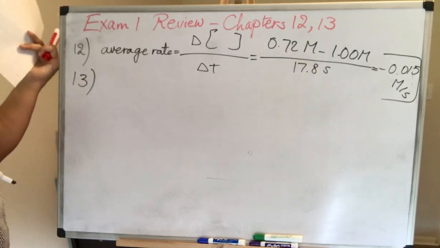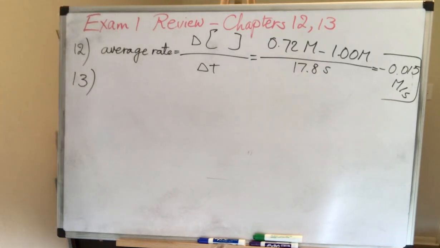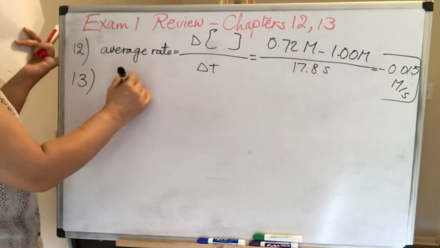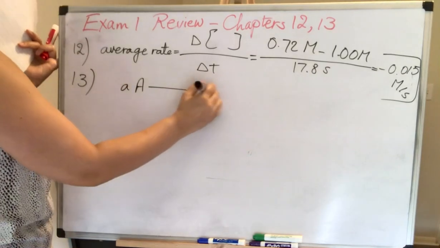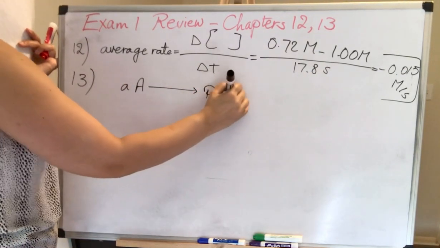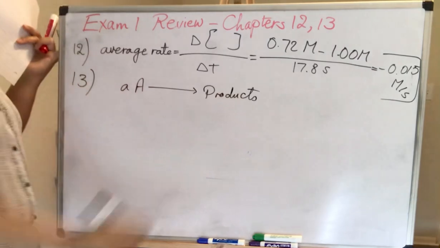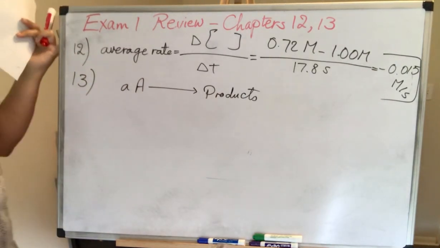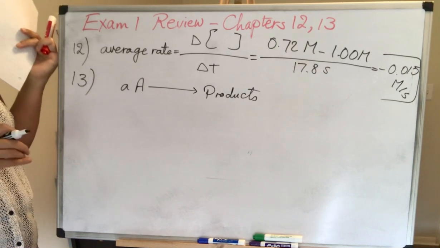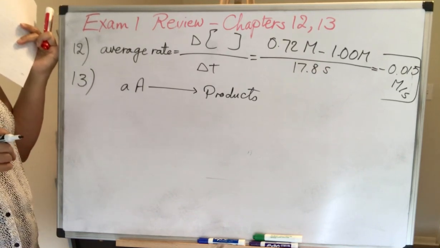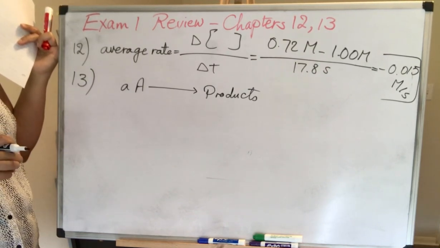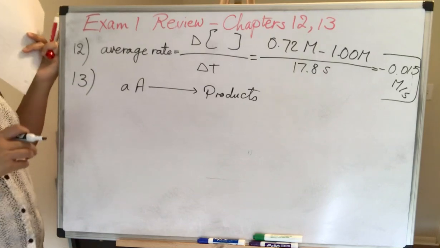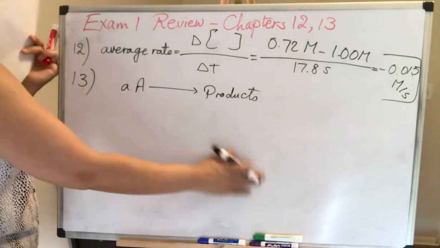Question number 13. For a certain first order reaction with the general form of A gives the products. The rate is 0.32 molar per second when the concentration of the reactant is 0.27 molar. What is the rate constant for this reaction? It's not asking for anything else.